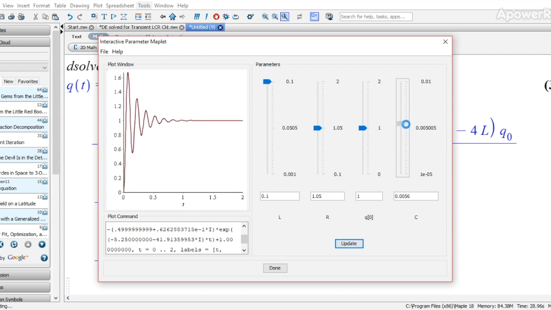So for this combination, the transient current almost takes 1 second to settle down.